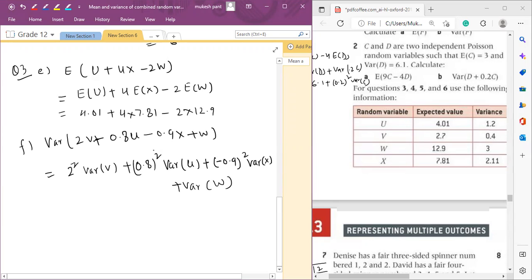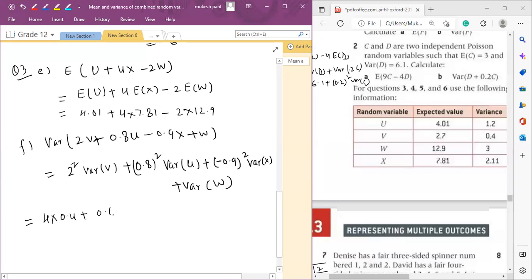Very important here, see there is a negative sign. What we are considering is 0.09, negative 0.09. So I will write plus and then write here negative 0.09, and then I will write its values. So square of 2 is 4 and the variance of V is 0.4, right?